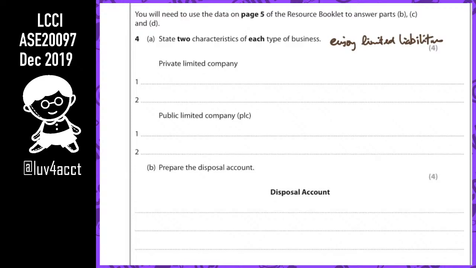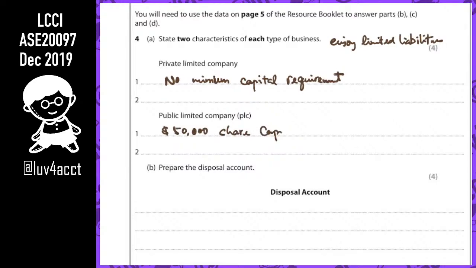According to the Companies Act, there is no minimum capital requirement. But for a public limited company, you should have at least 50,000 share capital requirement.